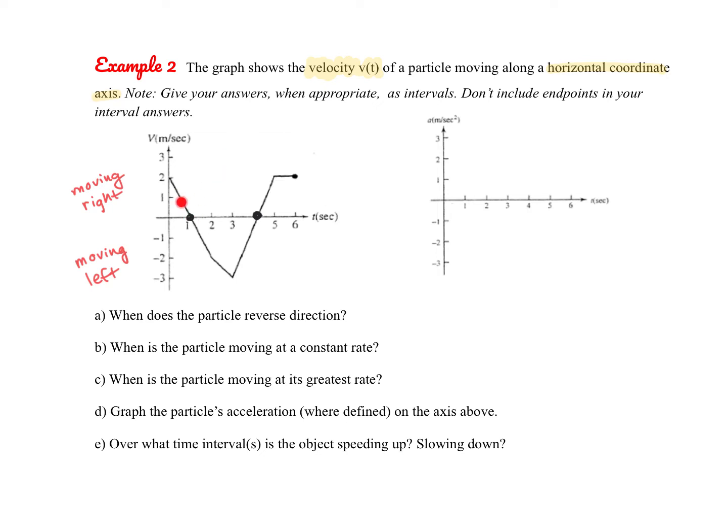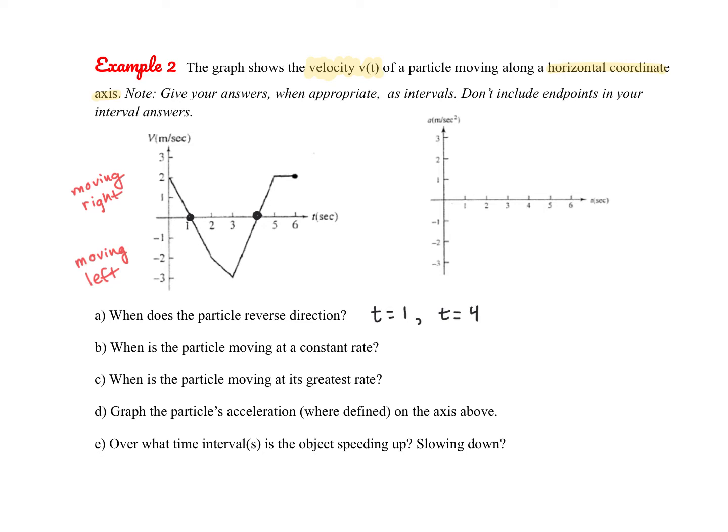So we want to make sure that it changes from positive to negative or negative to positive. And that happens at 2 distinct times. That happens when t is equal to 1 and when t is equal to 4.